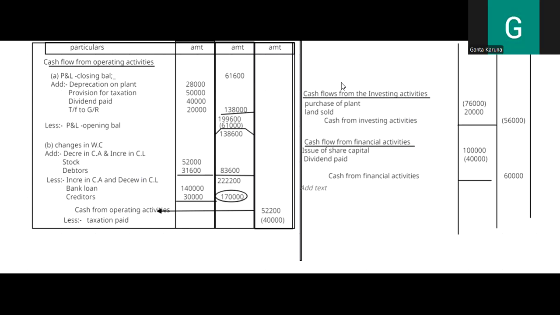So here again, add cash and bank opening balance. Cash and bank opening balance, when I'm going to add it, my answer should be the closing balance of the cash and bank.